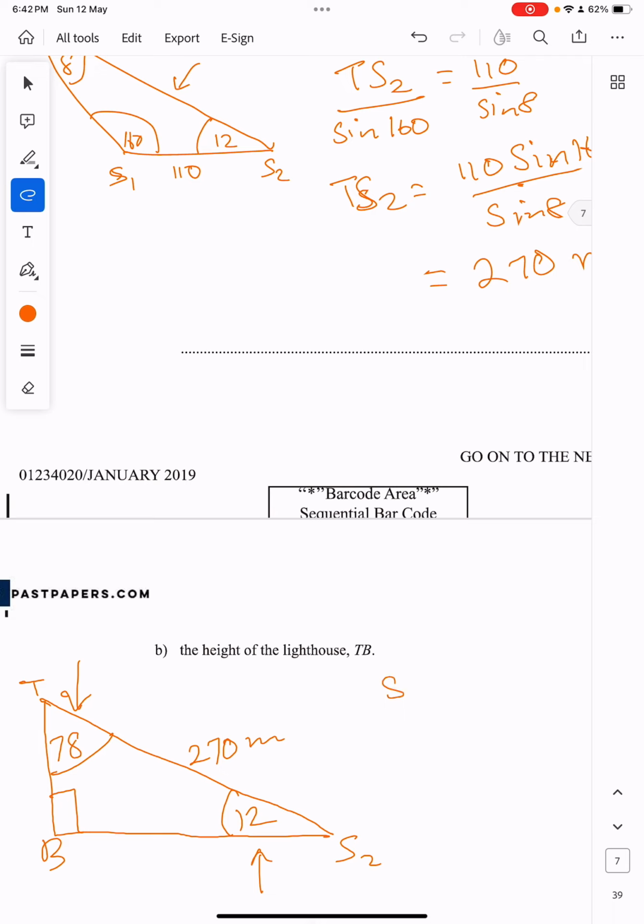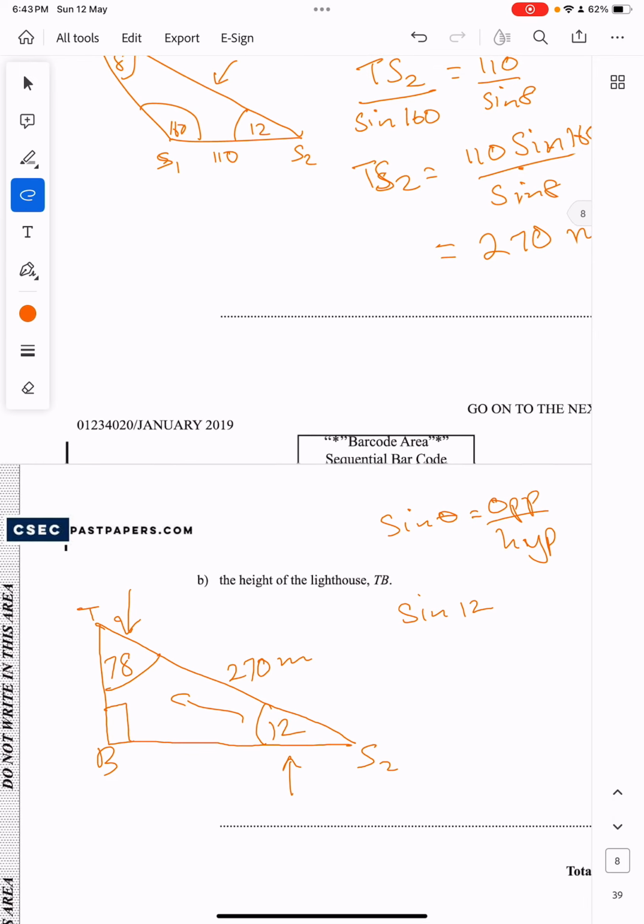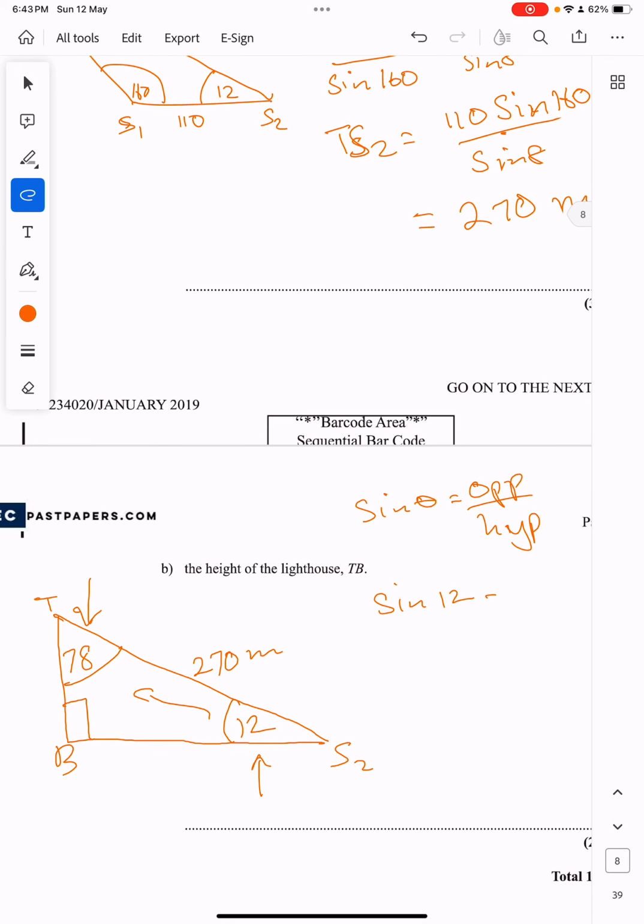So sine of 12, remember sine of theta is opposite over your hypotenuse, right? And if I'm using 12, opposite is the length that we're supposed to be getting there. So sine of 12 will be TB over our hypotenuse, which is the longest side, over TS2.